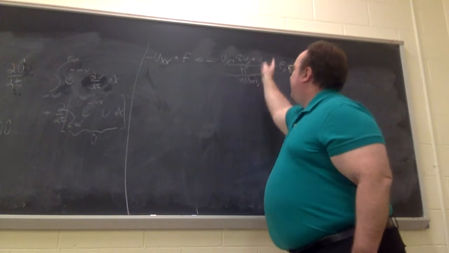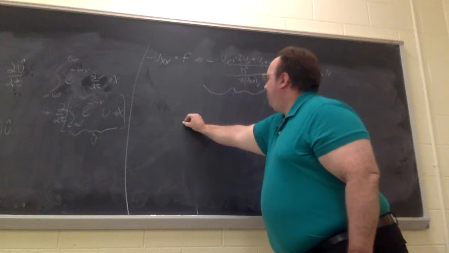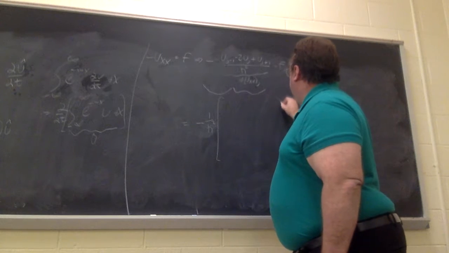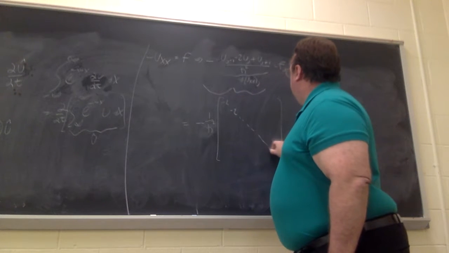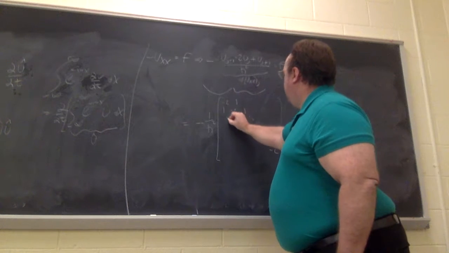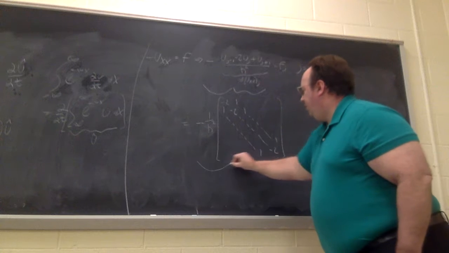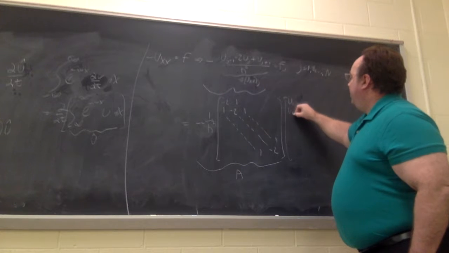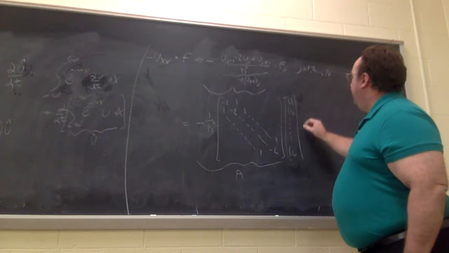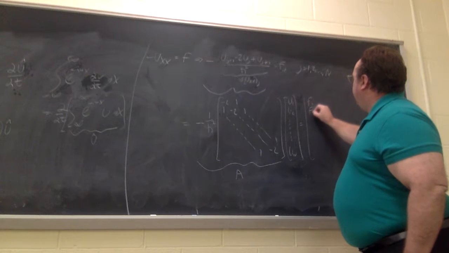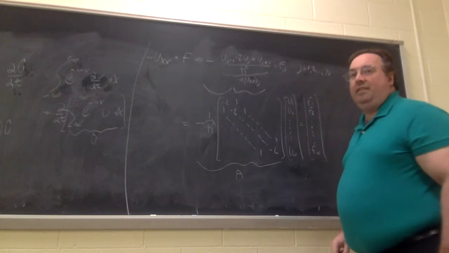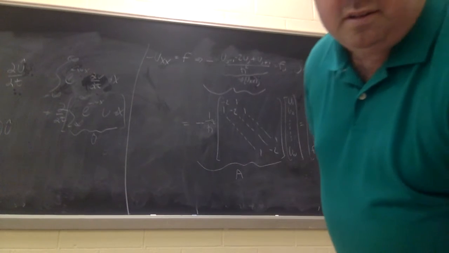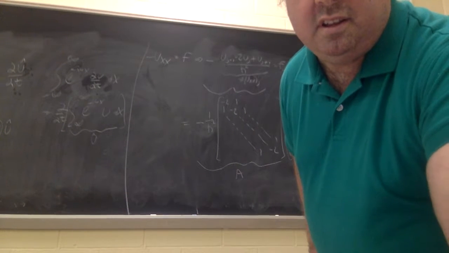That is a matrix-vector product of this, which is what I've been referring to as A, times the vector u_1, u_2, up to u_n, and that is equal to f_1, f_2, up to f_n.